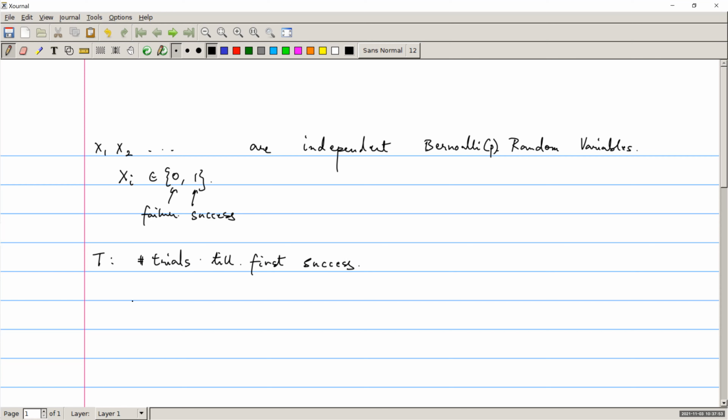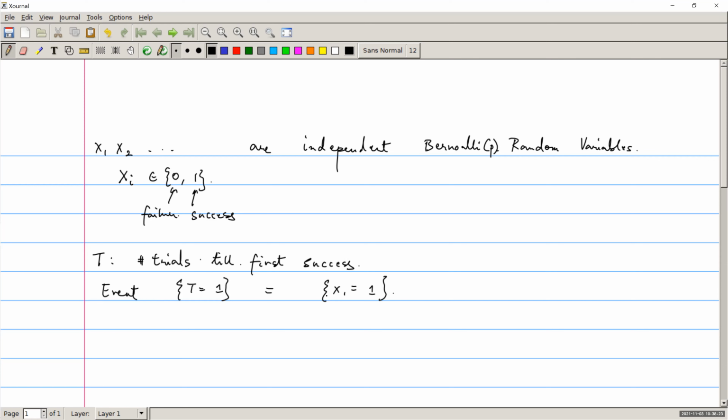We said first of all that the probability T equals 1, the event T equals 1, is the event X1 equals 1. When we say X1 equals 1, one point to note is that we are not saying that we won't do the remaining trials.